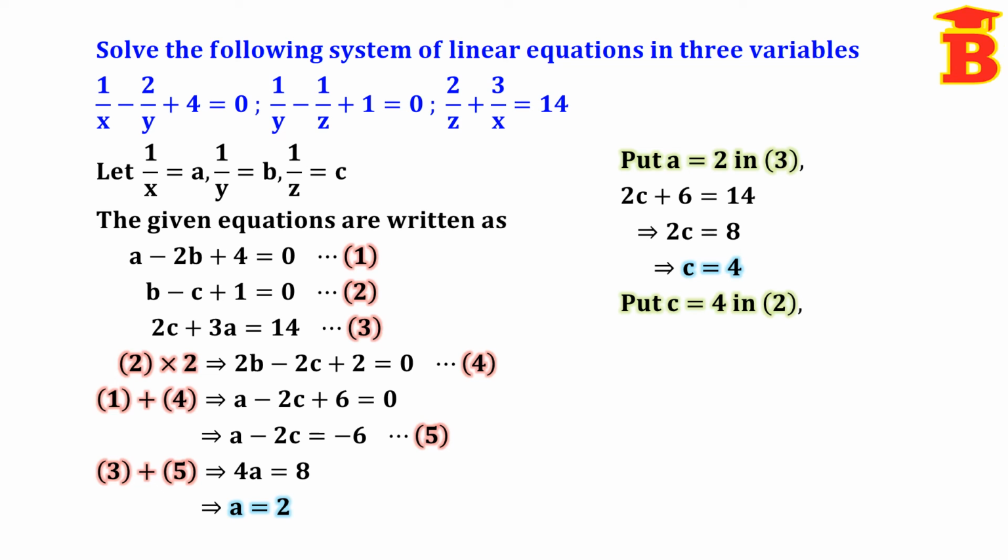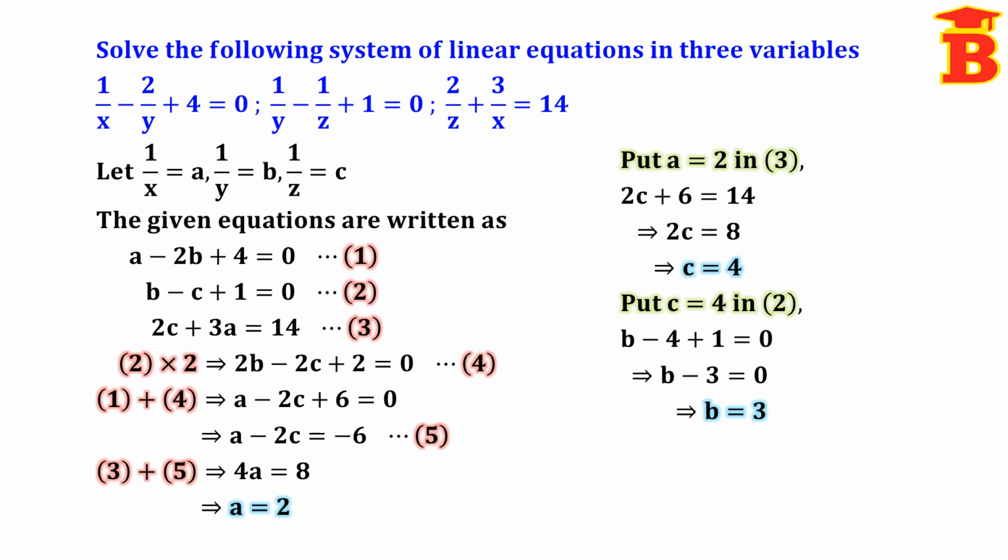And then put c equal to 4 in second equation. We can get the value of b. So in this second equation, b minus c value 4 plus 1 equal to 0. That is b minus 3 equal to 0. This minus 3 take right side plus 3. So we get b equal to plus 3.